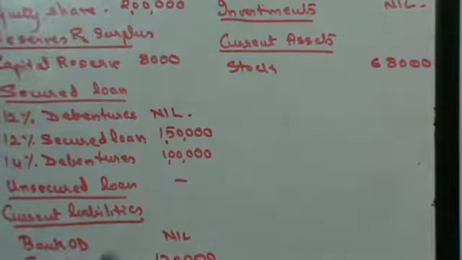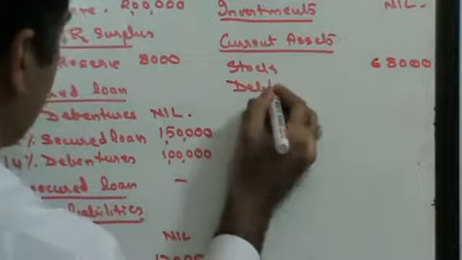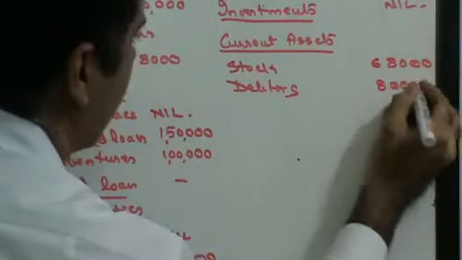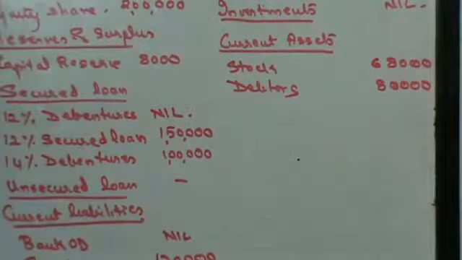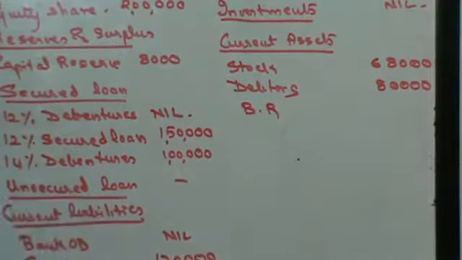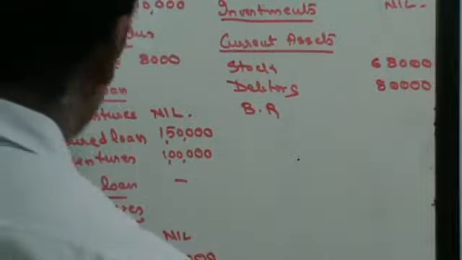Then you have debtors. Debtors is 90 and debtors is 10 on the credit side, so 80. Then you have bills receivable. Bills receivable, I don't think we have any entry in the journal, no. So that's 15,000.